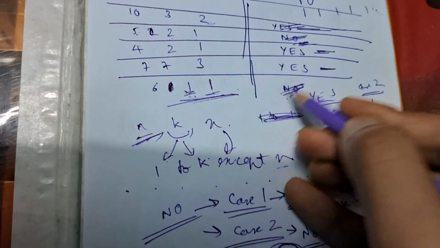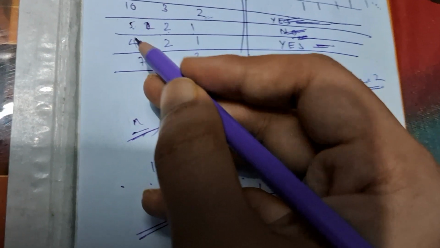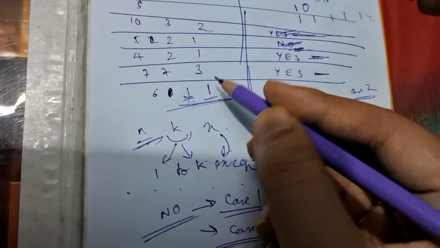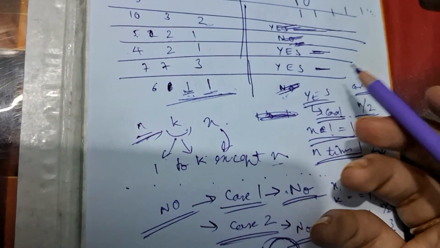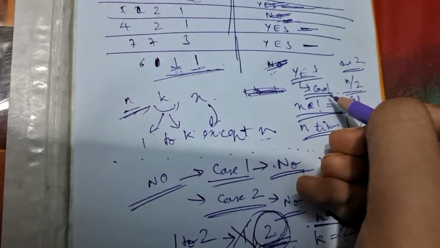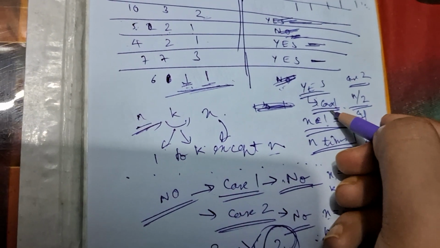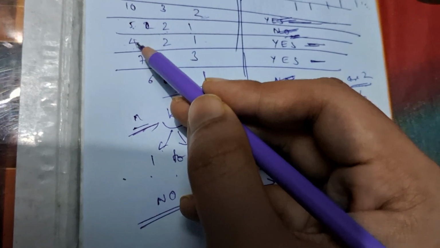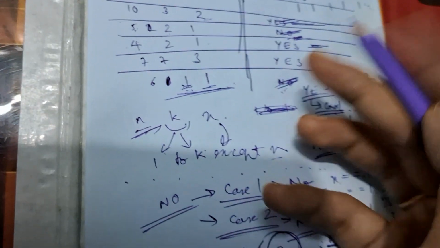For now we are remaining with these two cases. For this 4 2 1, is x equal to 1? Yep, it is equal to 1. So you can't use case 1, you have to use case 2. Is it even or odd? It is 4, so it is even.